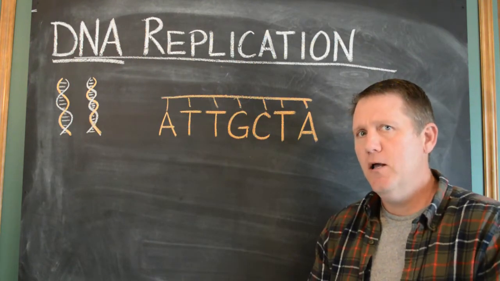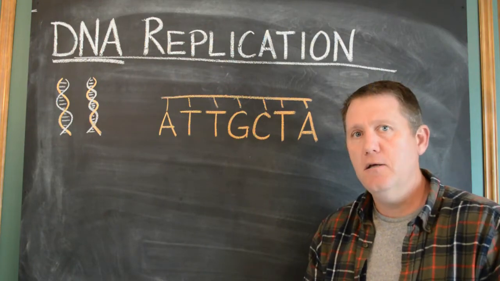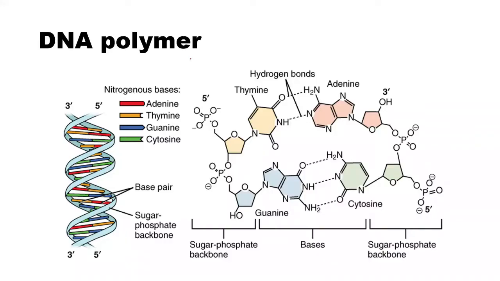Let's see what that would look like in a little more realistic chemical perspective. Here are a couple of different representations of the DNA polymer. Let's look at this one on the left. It's a little more simplified view. We have this blue ribbon here being the sugar phosphate backbone. And notice that there are 2 of them.